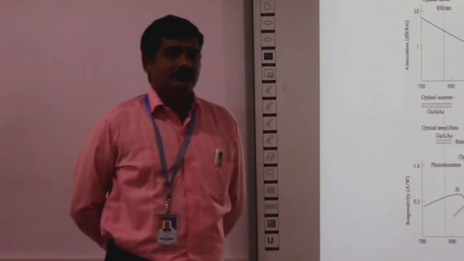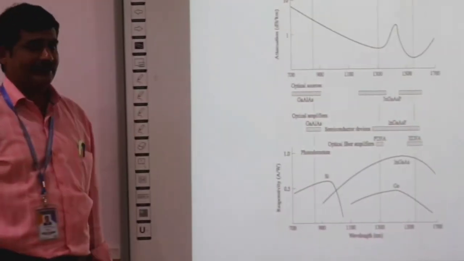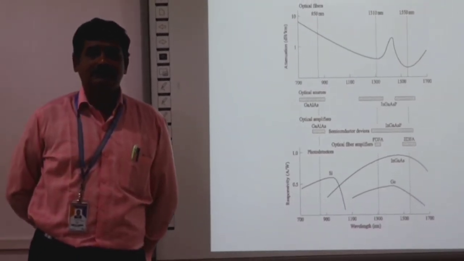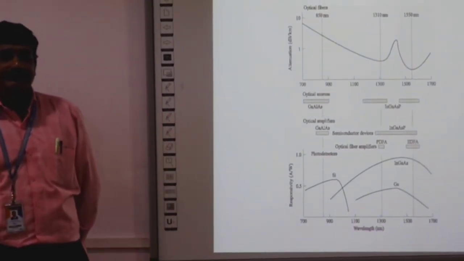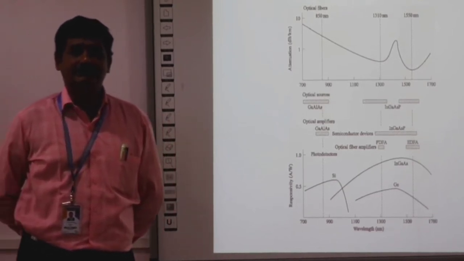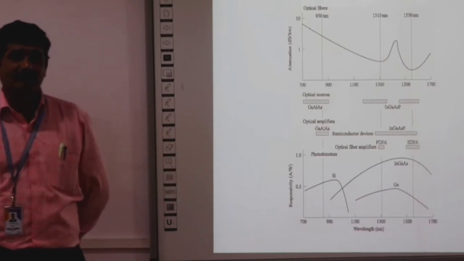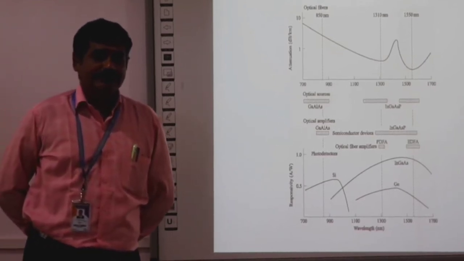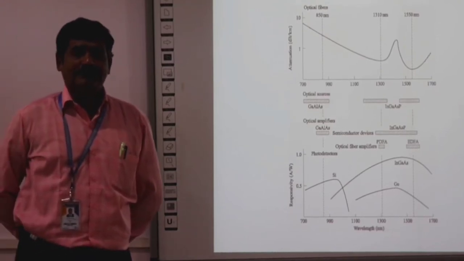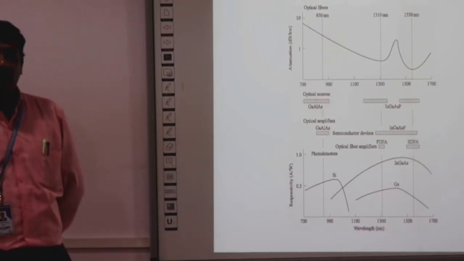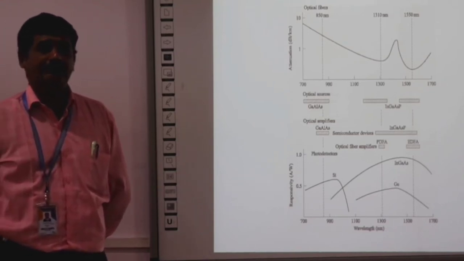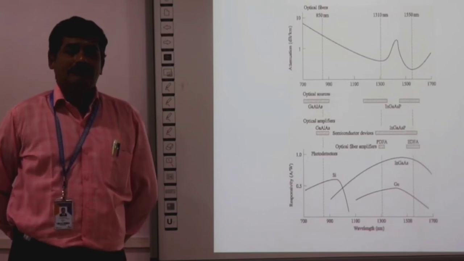So after realizing this characteristics of attenuation versus wavelength, the scientists decided to design the sources at these wavelengths so that we can send the information in these particular wavelengths with minimum attenuation. Therefore, for long distance we can send this information signal to the receiver.